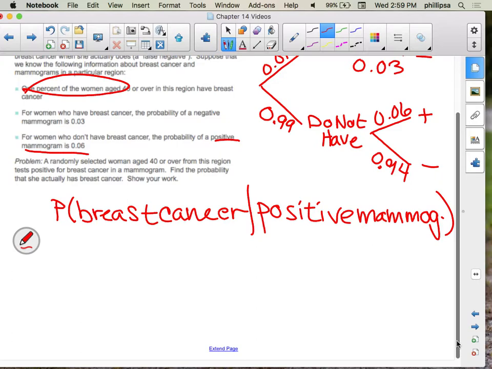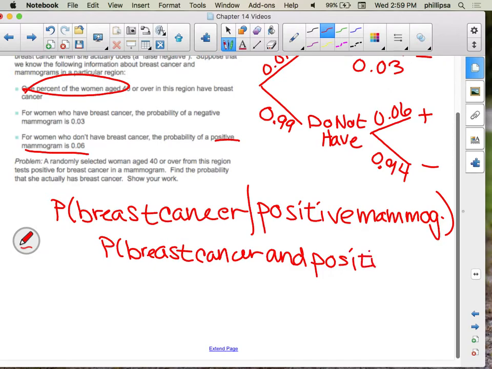Okay. So, as always, in a conditional probability, the top is going to be both of them. So the probability that the woman has breast cancer and a positive mammogram, so that's going to be kind of multiplying that top level there.